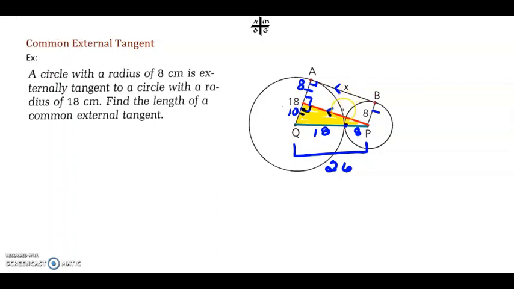And the length that I need to find is right there. So one leg squared, which is x squared, plus the other leg squared, that leg is 10, will equal the hypotenuse squared, which is 26.